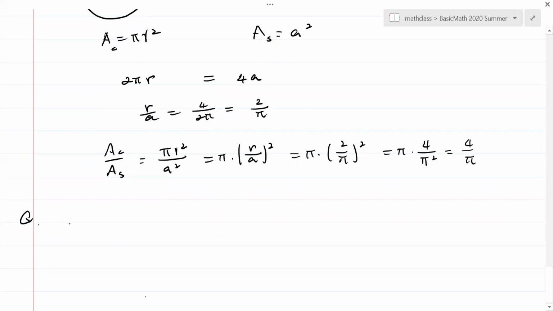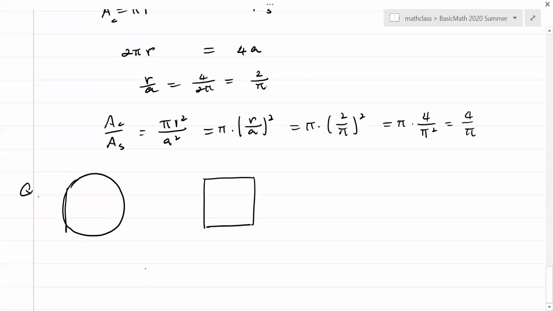I wanted to solve the following problem. I have this pizza, right? It's a circular pizza. Then I have another pizza, a square pizza. Okay, I know they have the same area.